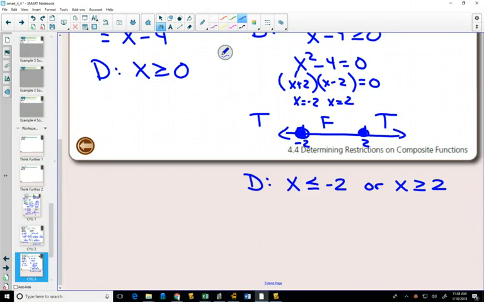If you wanted to use interval notation for this, you could say from negative infinity to negative 2 with a square bracket, and then a square bracket from 2 to infinity, and you'd use the symbol, a big U in between for or, so you could write it in either of those two ways.